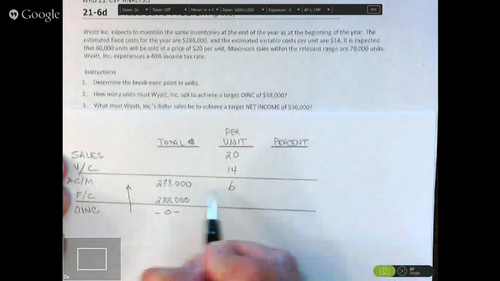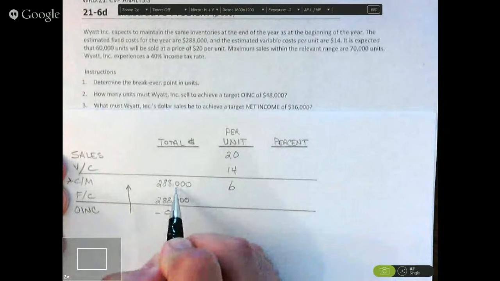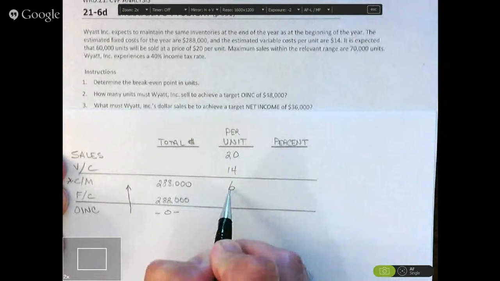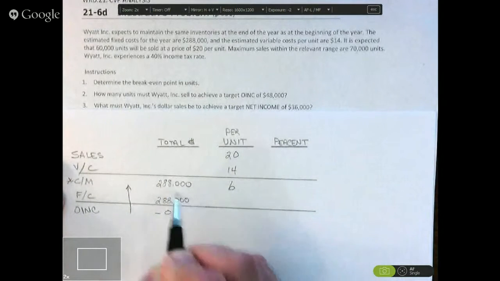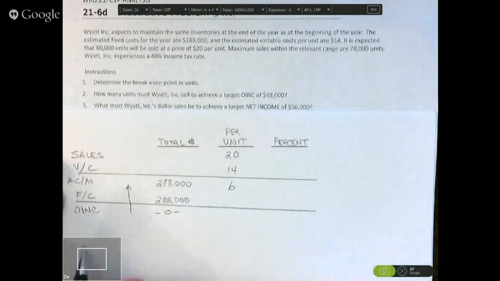Okay, well, if we need a total of $288,000 and each unit that we make contributes $6 towards that goal, $6 per unit divided into $288,000 as our target contribution margin should give us the number of units that we need to sell. So let's calculate the break-even units.